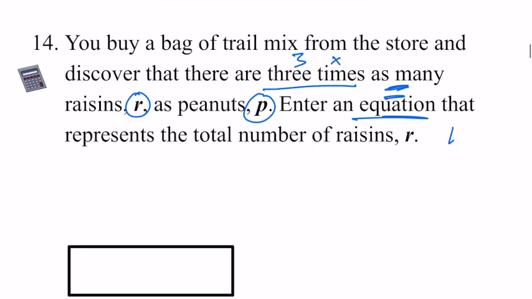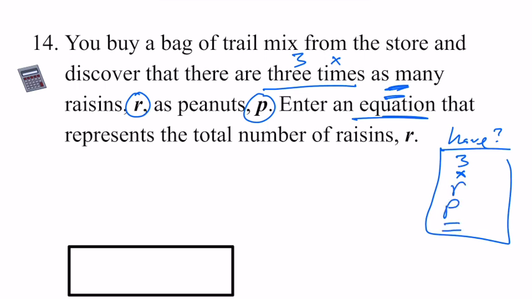What do I have? I have a 3. I am going to multiply a 3. That's different than an X, okay? I have an R, I have a P, and I have an equal sign.